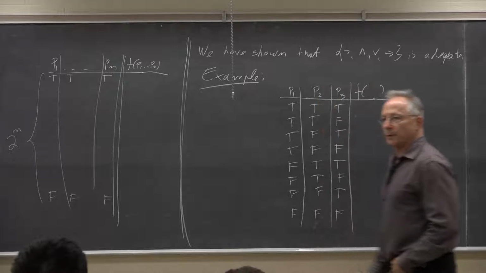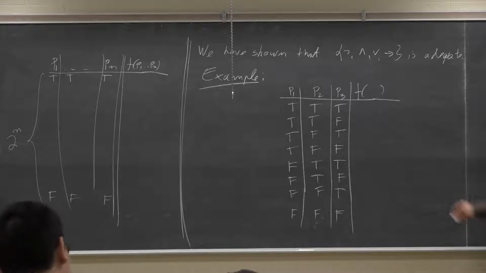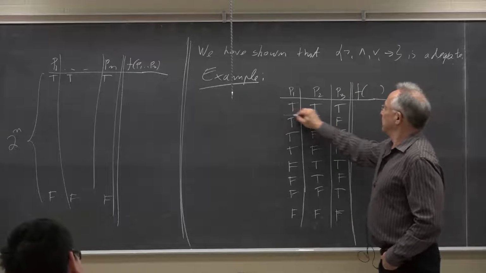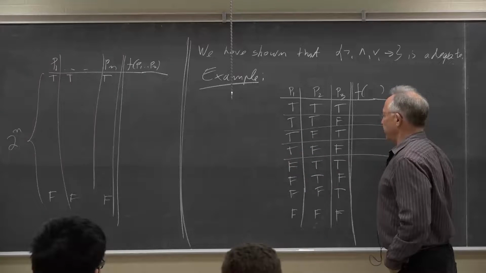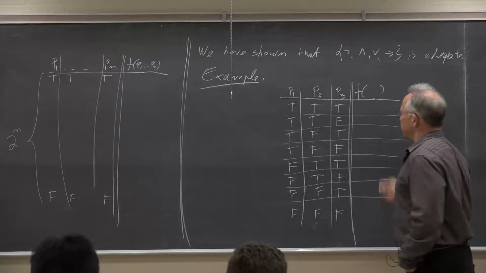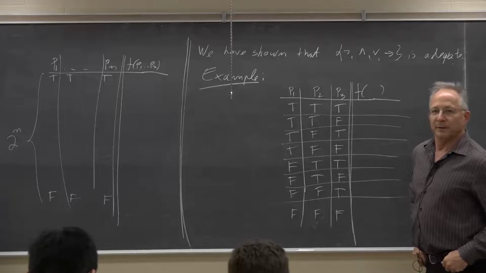Yeah, that's what we expected, to have 8 lines. And assume that I take some arbitrary function, with no particular meaning to this function. So we just pick randomly, right? So let's do it randomly.